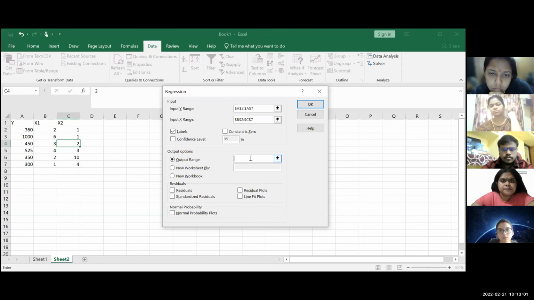All of you have done X range and Y range? Yes, sir. Clear? Next, for output range, your cursor should be on a blank cell. Okay. So click somewhere at E1 or F1, whatever you want. Okay. Then you can see it is already selected in output range.